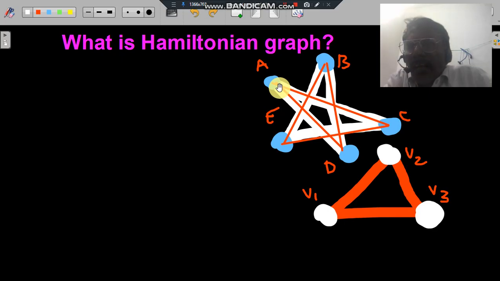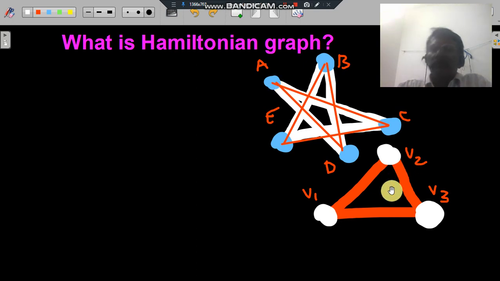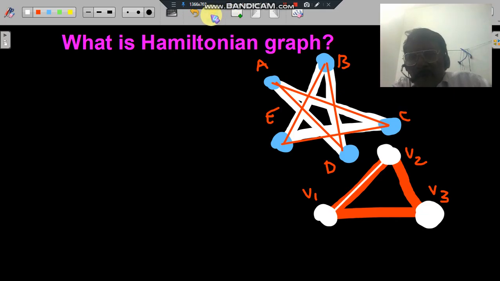Okay, in a similar way this picture also. Now look at that. From V1 to V2, so V1 comes only one time, V2 the second vertex comes only one time, and V3 is crossed only one time.